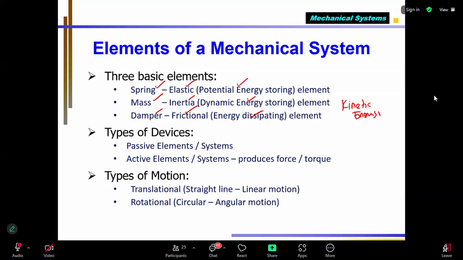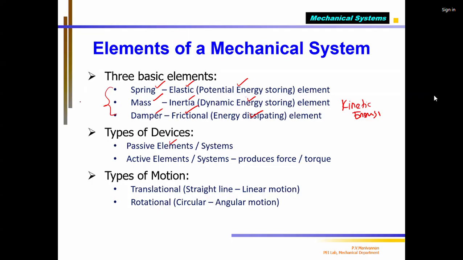Okay. Then I already told you about passive elements. A passive element doesn't create any energy or force or torque. These three elements are called passive elements because they don't produce energy. They can store energy, potential, or dissipate, but they cannot produce.